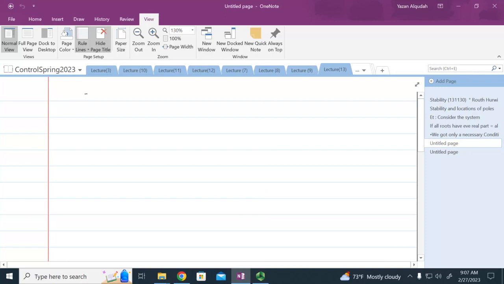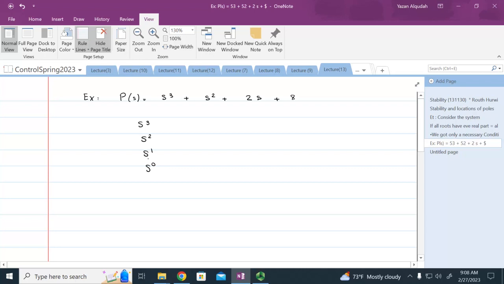Okay, so let's do an example on the calculation. We have a polynomial P(s) equal to s cubed plus s squared plus 2s plus 8. So this coefficient is 1, this coefficient is 1. We're going to make the columns: s cubed, s squared, s to the 1, s to the 0.